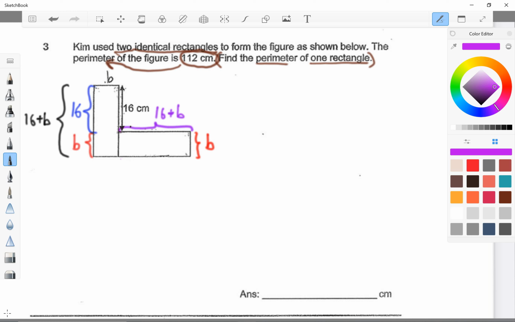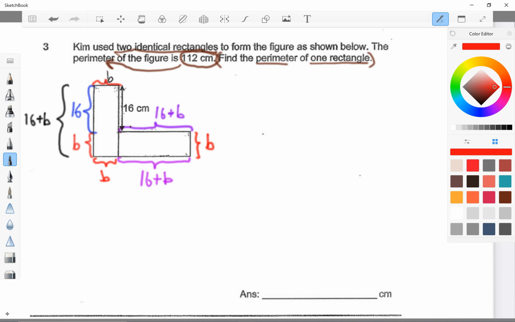Purple again, 16 plus b. And I will have a red color b, and not to forget the b that is up here.